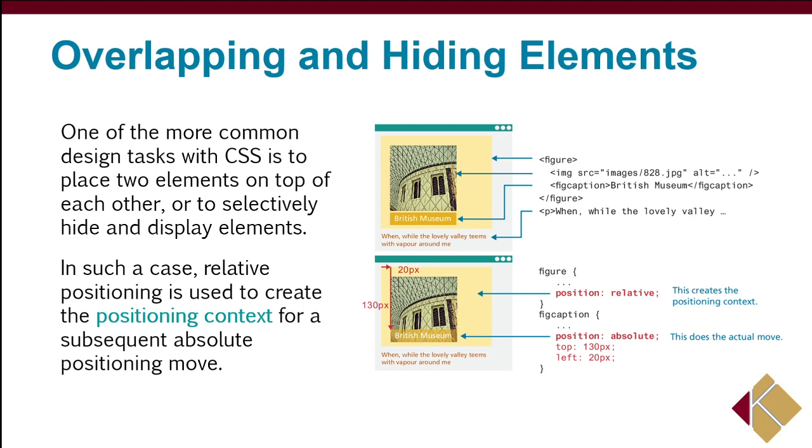So you set the figure, so your picture itself, or the figure element, as the relative, basically the anchor point. And then it sets the position as absolute relative to that anchor point. So position relative is creating that anchor, which is what they're calling the positioning context. Figure caption, that position absolute, is moving it according to that anchor. Okay?